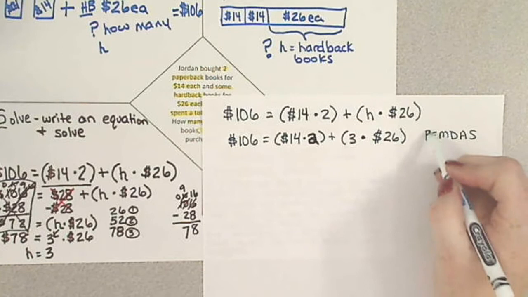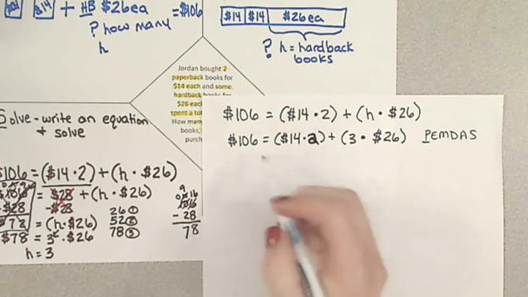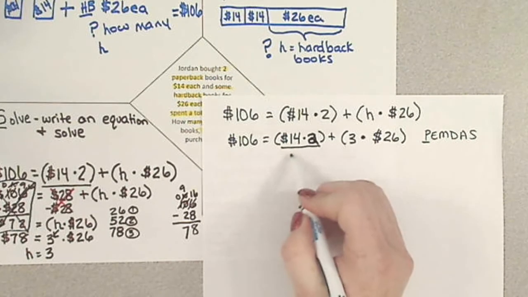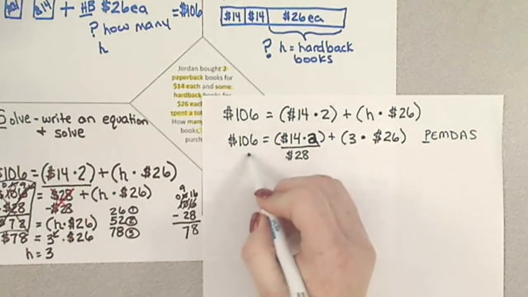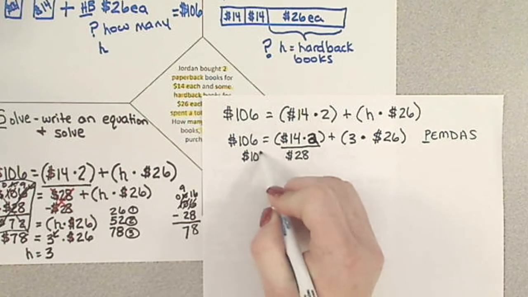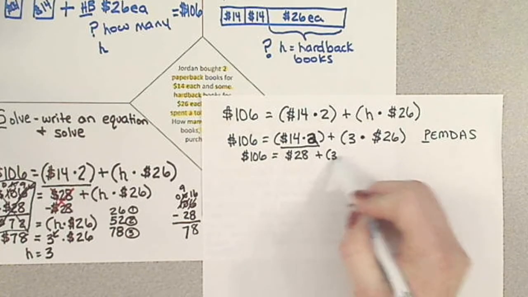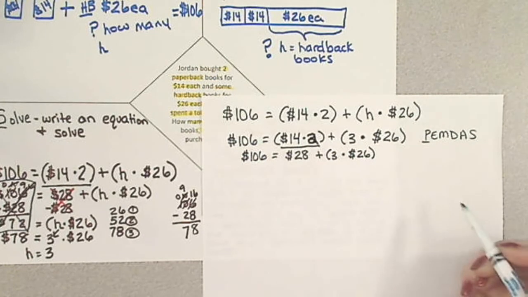PEMDAS says that you have to start with parentheses. So I'm going to start with my first parentheses, 14 times 2, which we know is 28. Now I'm going to rewrite everything I haven't worked with. Okay.